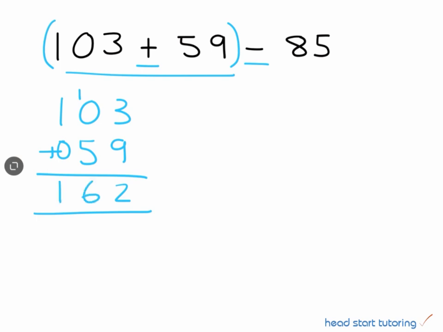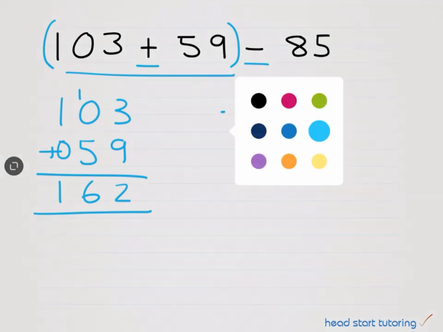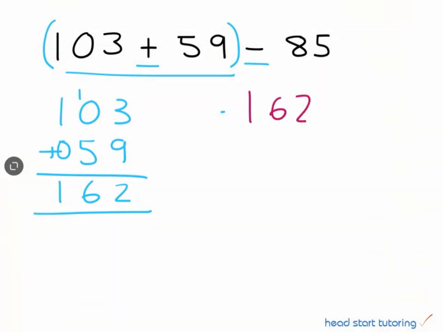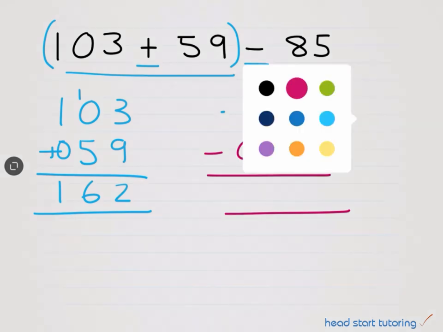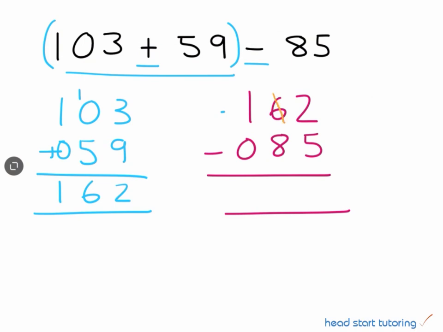We then take that answer, 162, and we minus 85 from that. So, because we cannot minus 5 from 2, we are going to have to borrow from our 6.